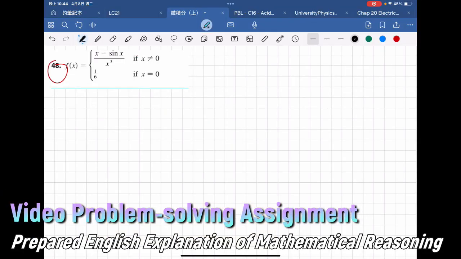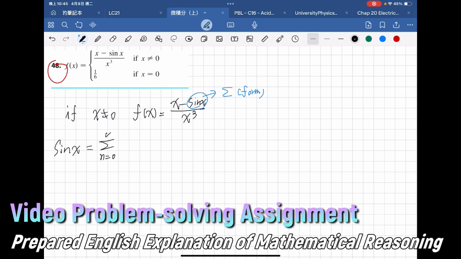Hello everyone, this problem needs us to find the Maclaurin series of f(x). The first step is, if x is not equal to 0, we can get f(x) equal to (x minus sin x) divided by x to the power of 3. In this part we can see that sin x can be rewritten in sigma form, the sum from n equal to 0 to infinity.